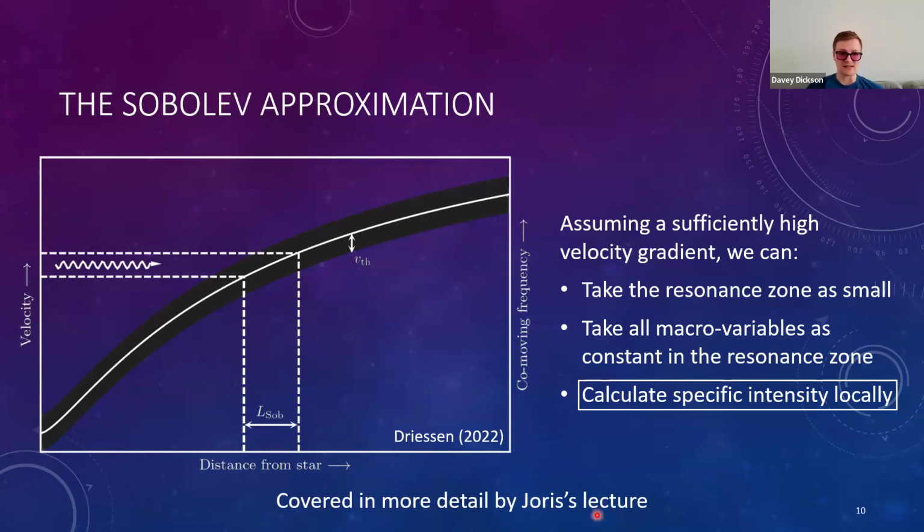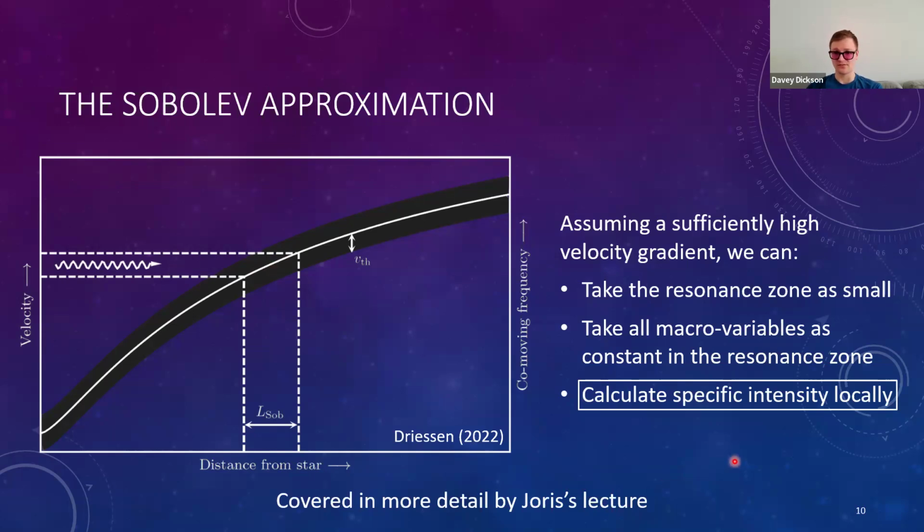So that is to say that the area that is in resonance with this outflow emission peak is small enough that we can use only local variables to define it.